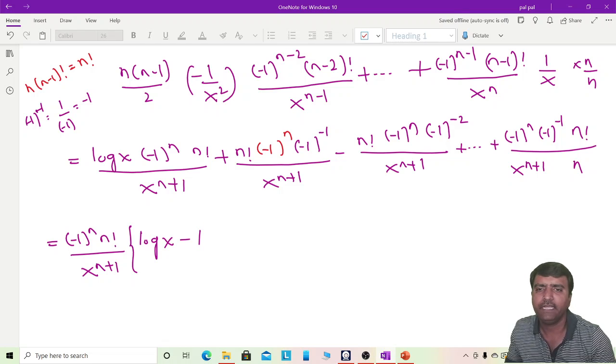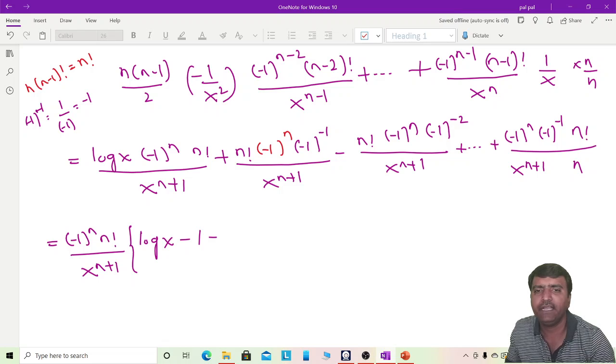Okay, now again the next term is minus of minus 1 to the power 2. Minus 1 to the power minus 2 is plus 1, and it is minus there.